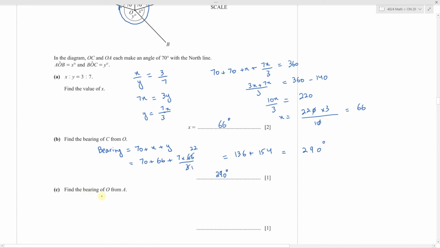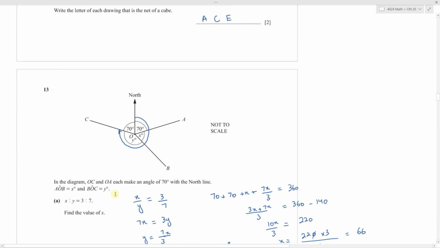The next part is find the bearing of O from A. So bearing of O from A. So let me draw a north line for A here. So this is the line that represents the north.